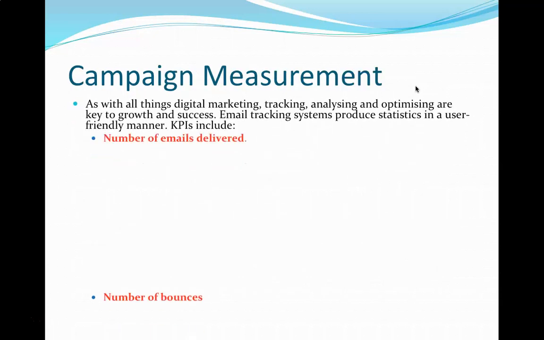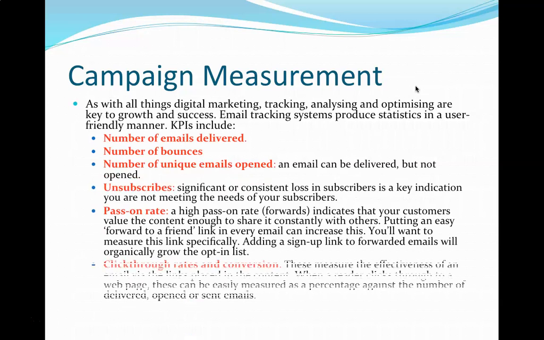And then just some measurements that we use, KPIs and different things, number of emails delivered. And we've talked about some of these already, number of bounces, number of unique emails opened, unsubscribe. And you should have an unsubscribe button on each of your emails that you send out. And pass on rate, a high pass on rate indicates that your customer values the content enough.